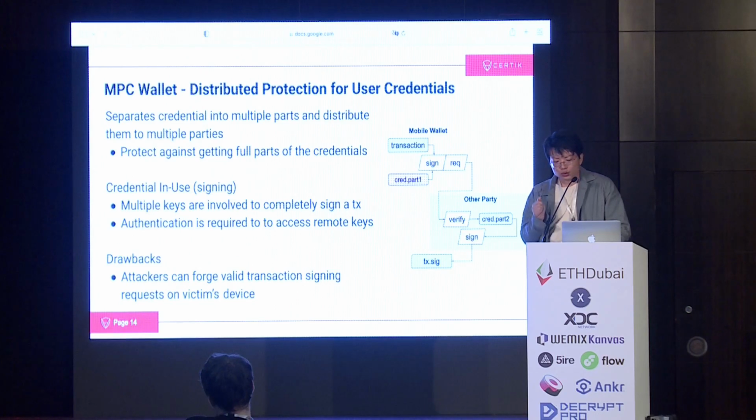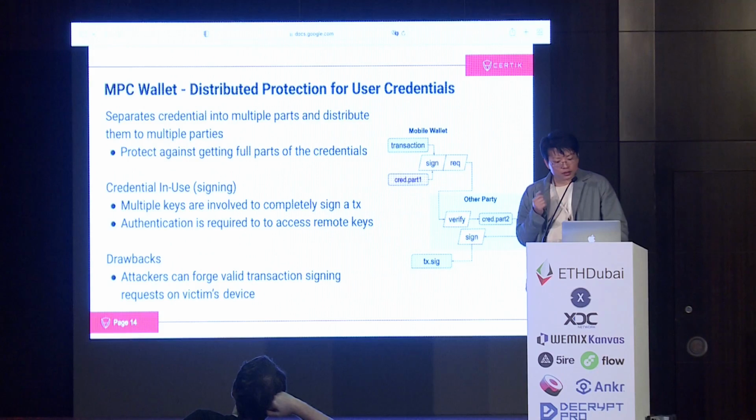But when it comes to credentials in use protection, there are still limitations. When signing a transaction, remote parties must verify the signing request before allowing access to their part of the key.